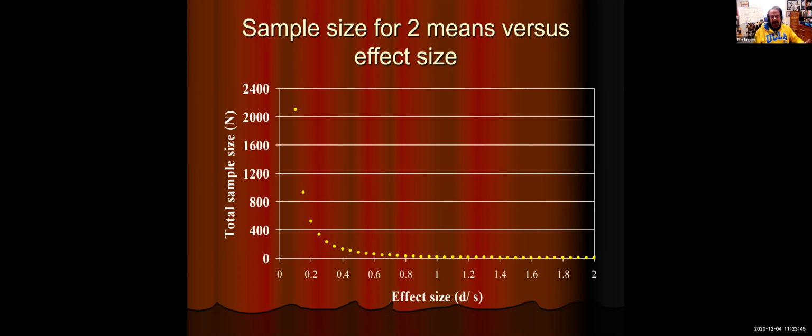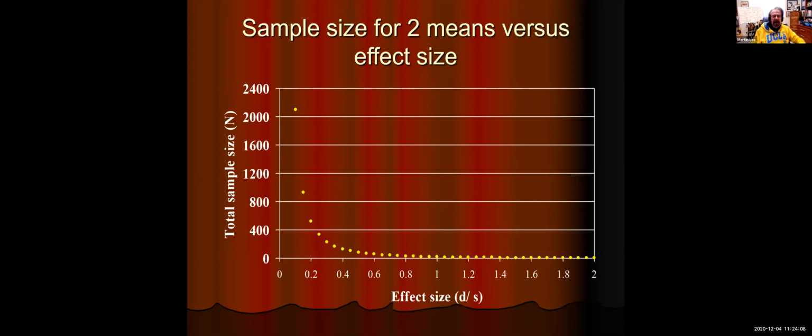What that means is the difference between the means of your two groups, whatever it is you're measuring. So let's say we're looking at a study of reducing blood pressure. There's the blood pressure mean for one group, the blood pressure mean for the other group, and how different we expect them to be.